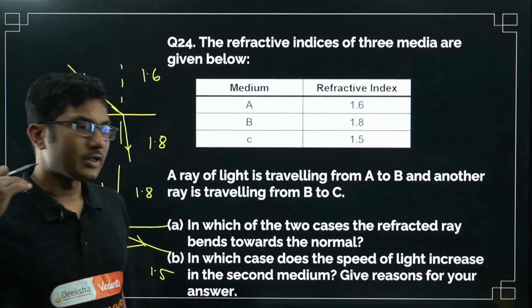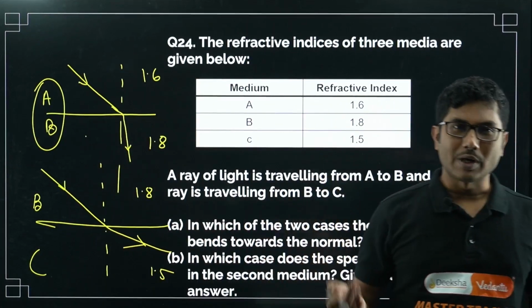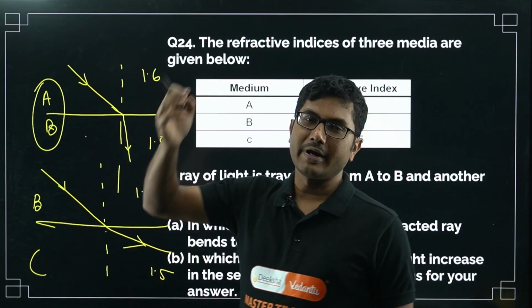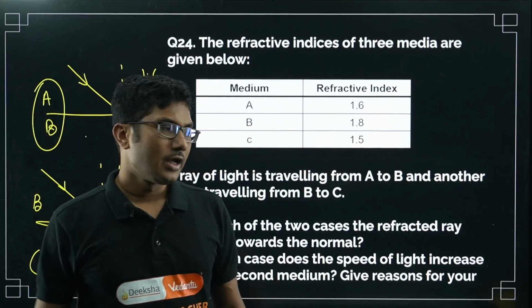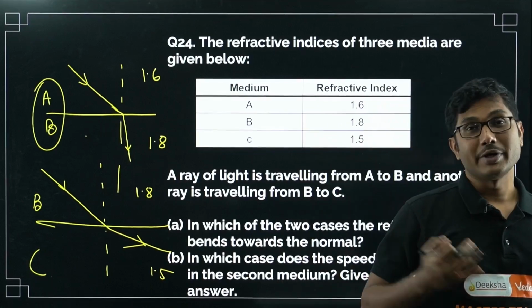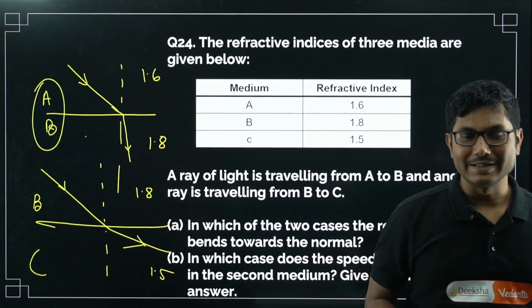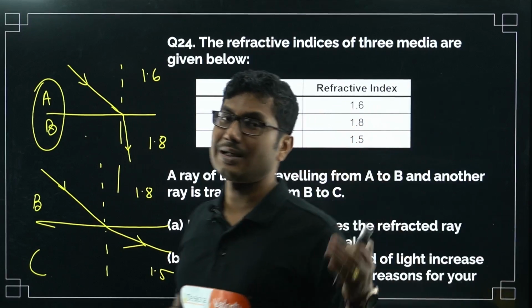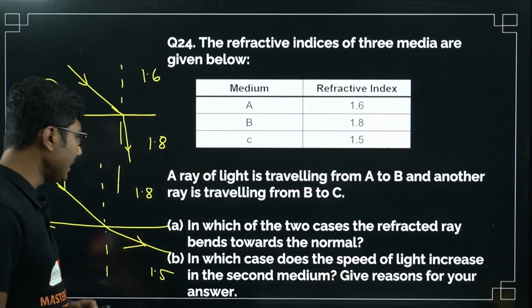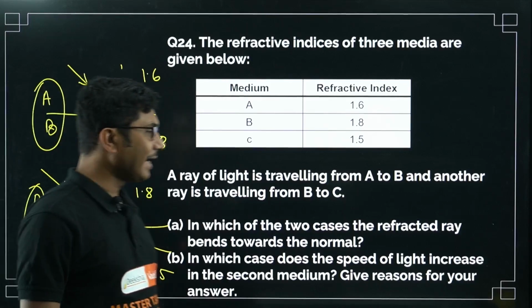The refractive index of water is approximately 1.33. The refractive index of glass is 1.5. As the light travels from rarer medium to denser medium, the speed of light decreases. When the light travels from denser to rarer medium, the speed of light increases. So in the second case, B to C, the speed of light increases.